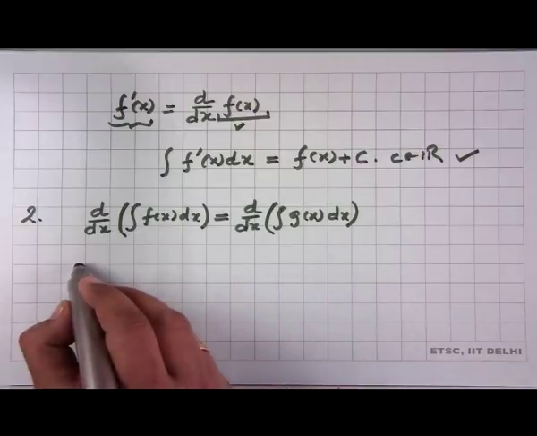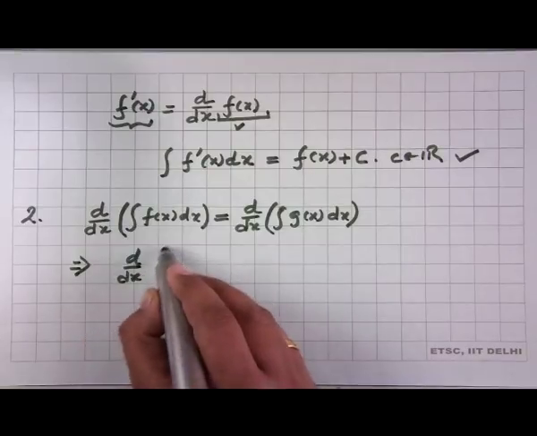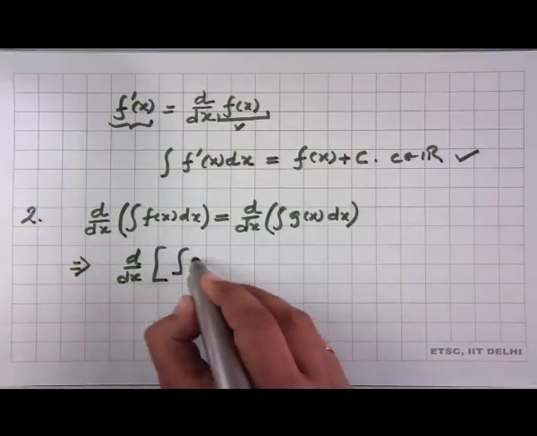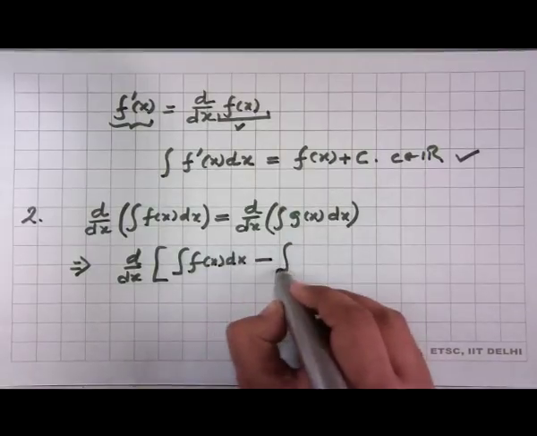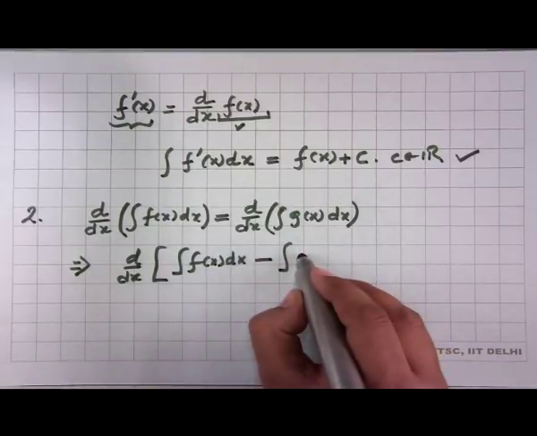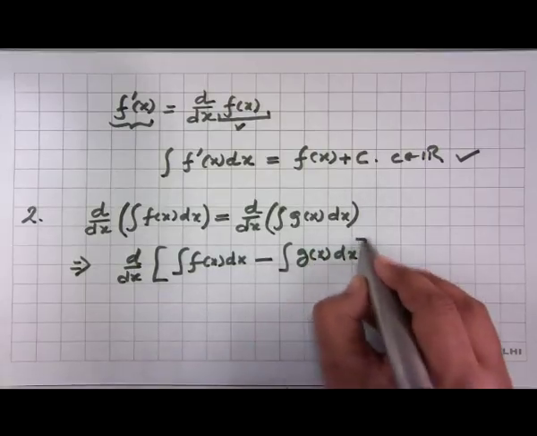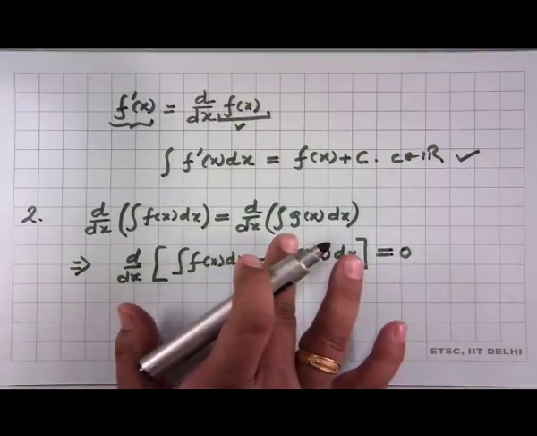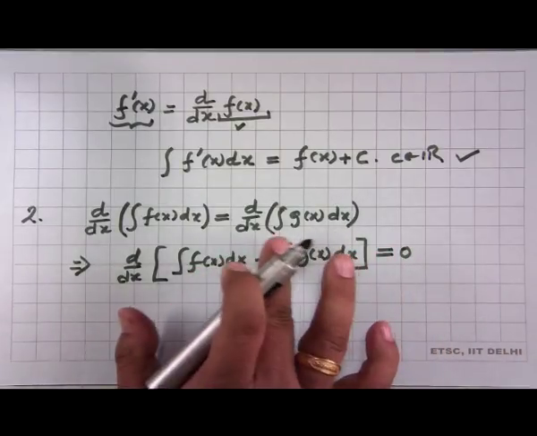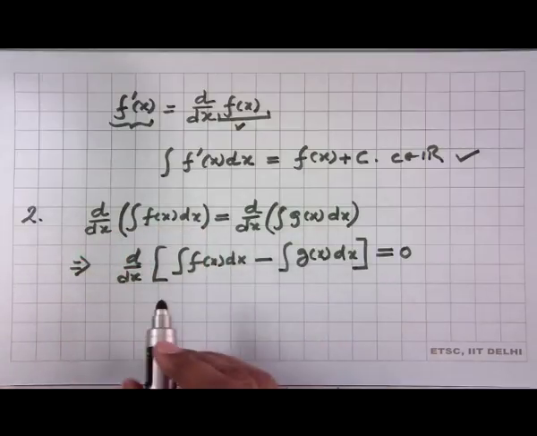So, what we do is that we take the entire expression. The expression implies that d by dx of integral of f x dx minus integral of g x dx is 0. So, first you transfer d by dx of integral g x dx to the left hand side, then take the operator outside and write this expression in this fashion.